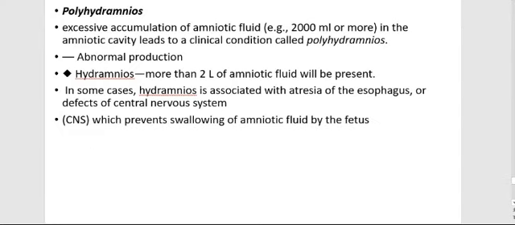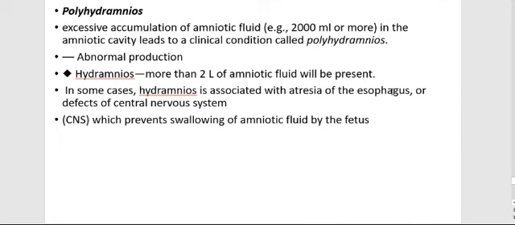But if there is an excessive volume of amniotic fluid, for example almost 2000 milliliters, which is abnormal, this is called polyhydramnios. This is abnormal production, and it can be attributed to atresia of the esophagus.